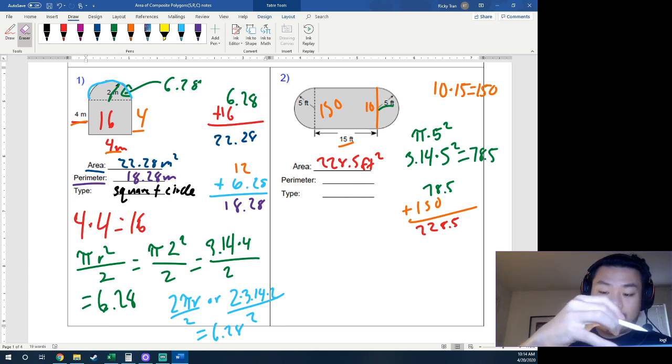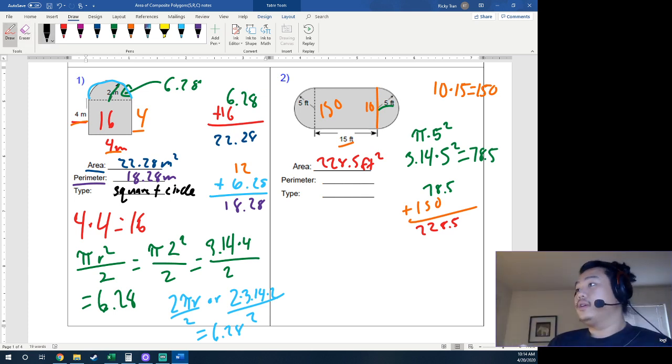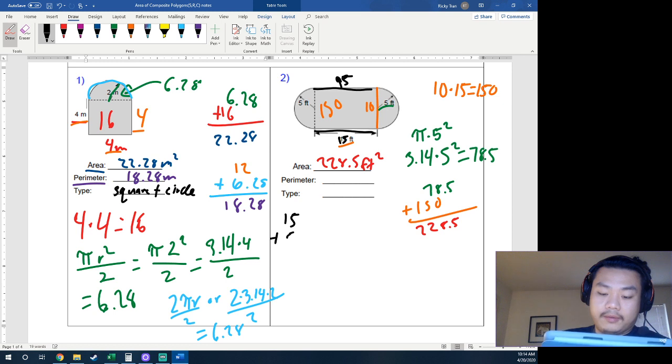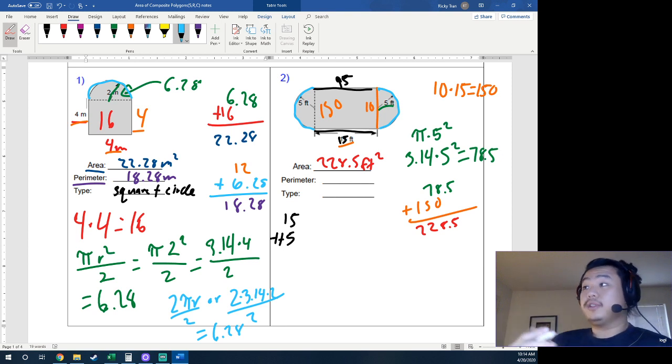All right, and then the perimeter, we're just gonna find the outer side. This side length here is 15, and this length here is 15. So it's gonna be 15 plus 15 plus this here and this here, which is the circumference.